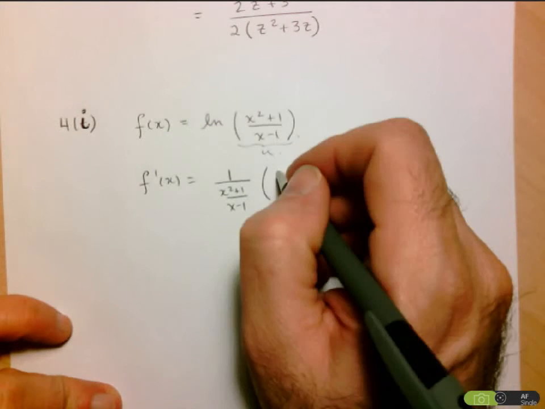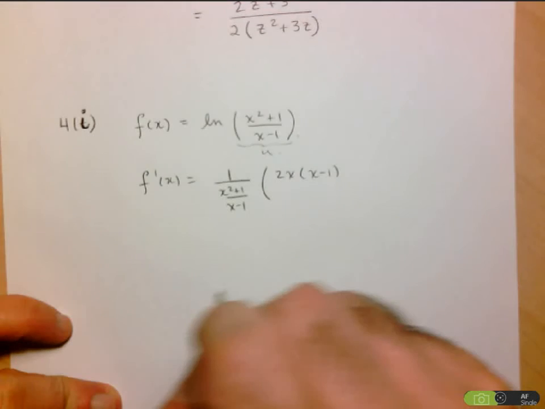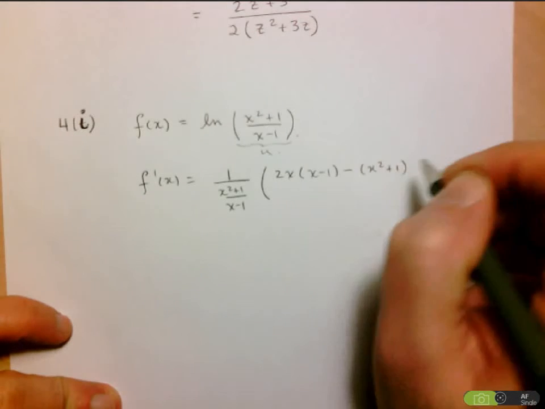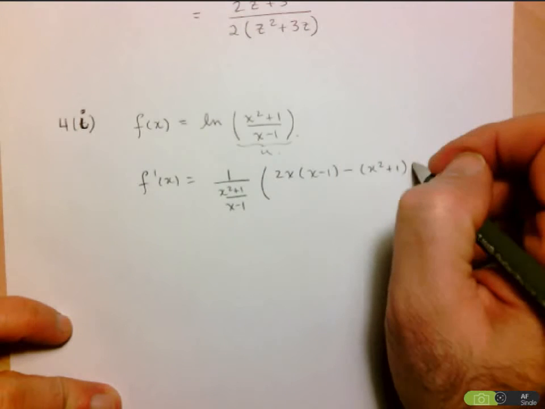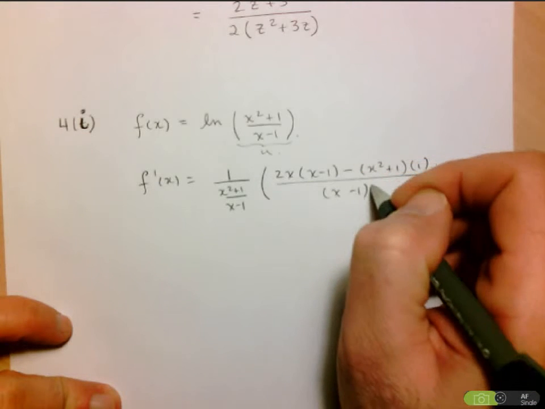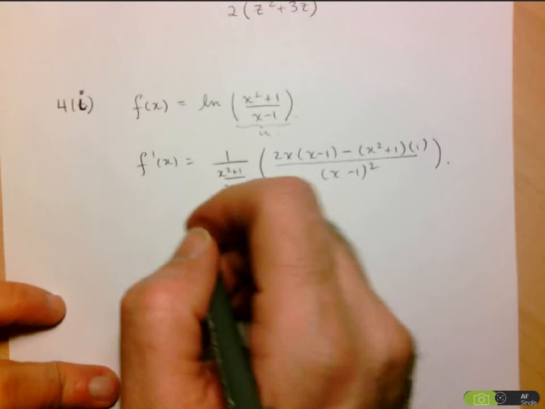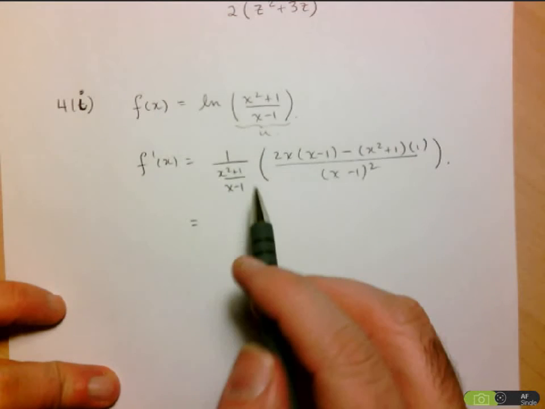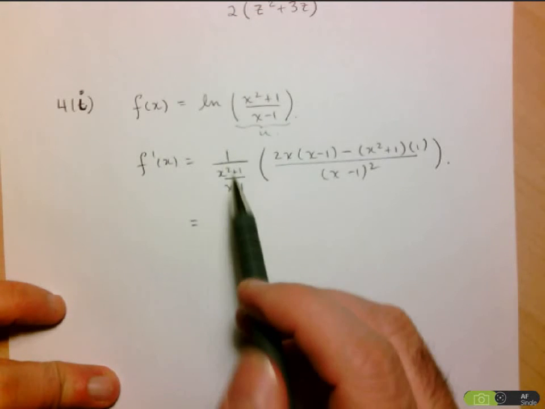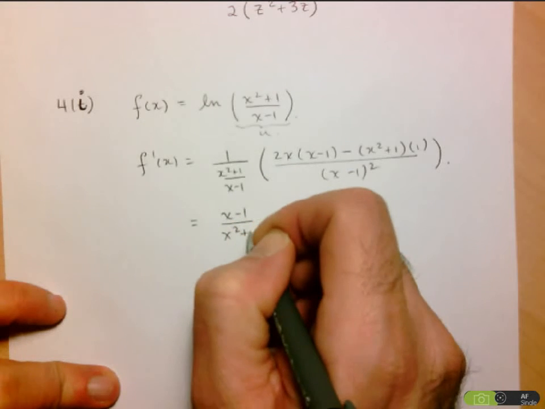The derivative of the numerator is 2x times the denominator function, x minus 1, then minus the numerator, x squared plus 1, times the derivative of the denominator, which is just 1, all over (x minus 1) squared. Now let's simplify this, because I think a lot of nice stuff will go on. Here 1 over this fraction is just the reciprocal, so we've got (x minus 1) over (x squared plus 1).